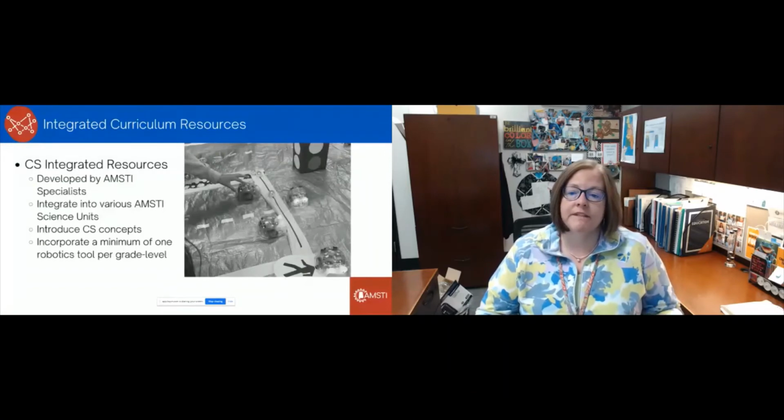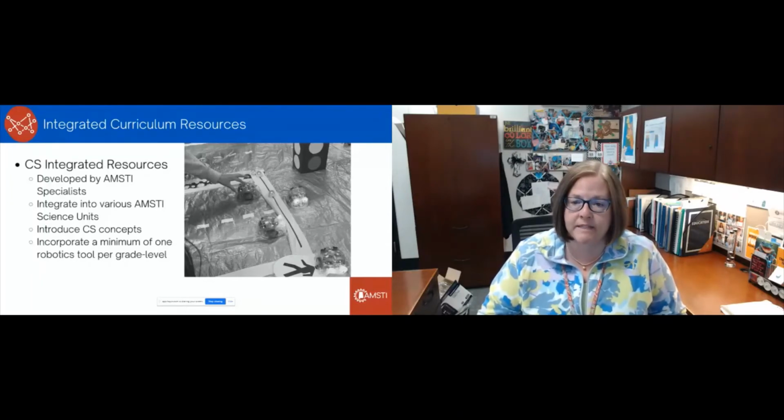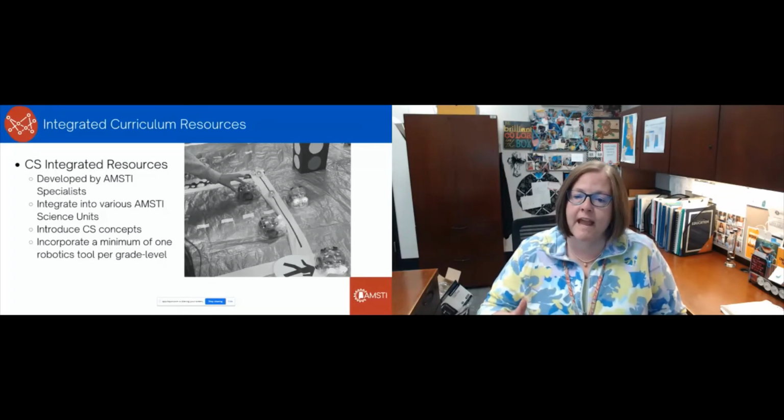So here are some things that you can access right now. We have integrated resources that were developed by AMSTI specialists to coincide with the AMSTI science units. So if you are a school where you already receive science units in AMSTI, we have a digital literacy and computer science component that integrates with some of those.